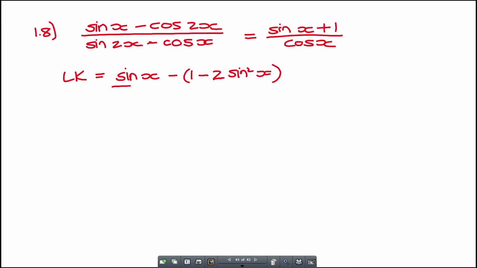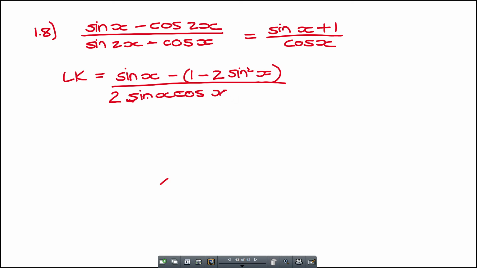And at the bottom, daar het ek 2 dubbelhoeke, so die sin 2x gaan ek maak 2 sin x cos x.